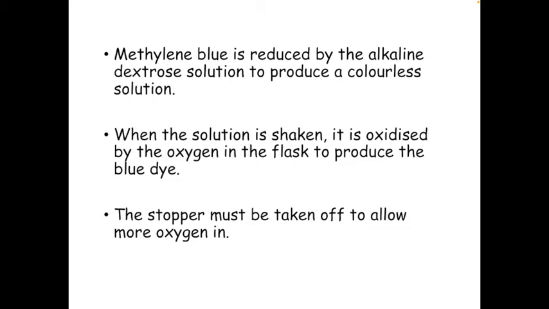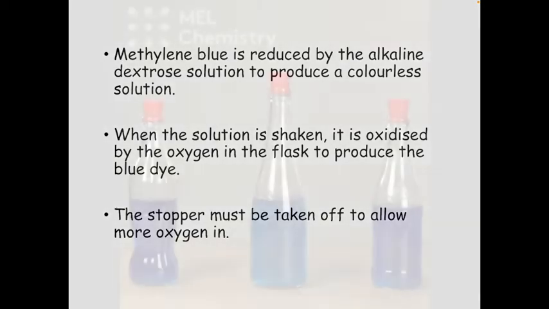When you shake it back up, there's oxygen in the bottle or in the flask, and that produces the blue dye again, so it would be reduced again, it would be oxidised again. And then we need to take the stopper off for more oxygen to come in, so I'm going to let you see that just now.